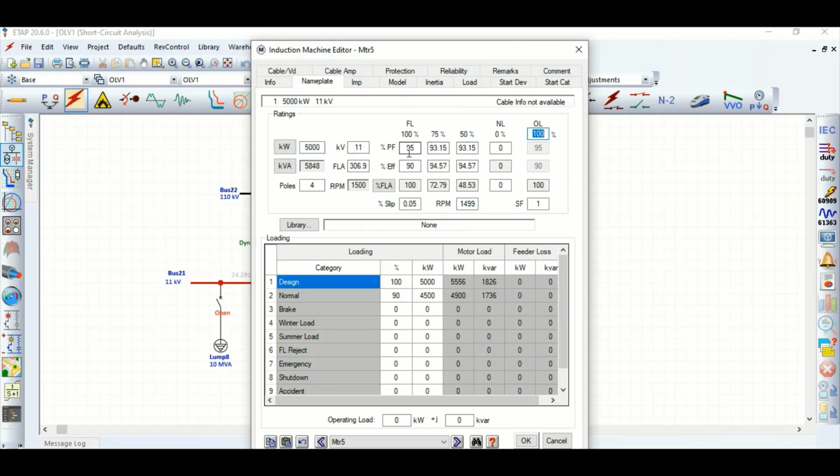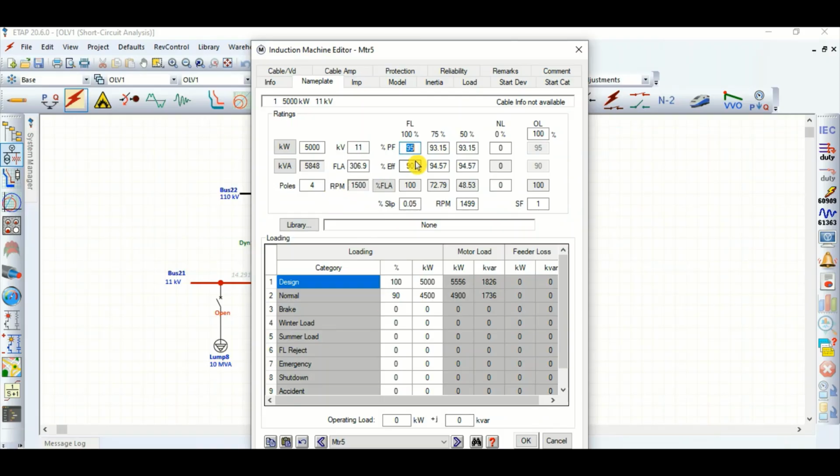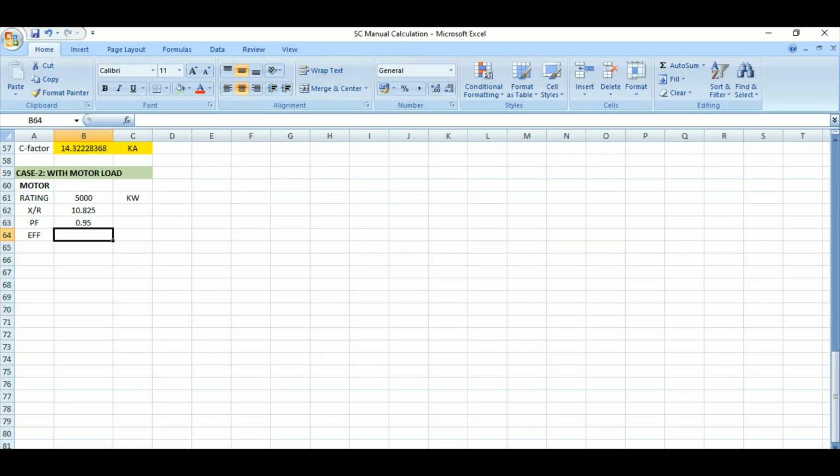Motor full load power factor is 95%, so power factor is 0.95. Next is efficiency. Motor full load current efficiency is 90%, so efficiency is 0.9.